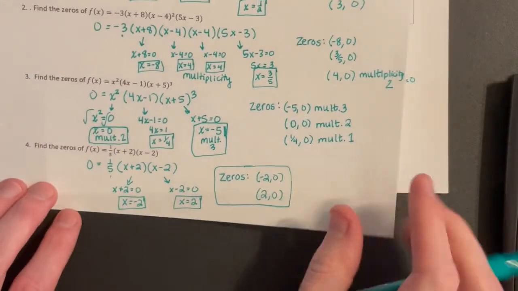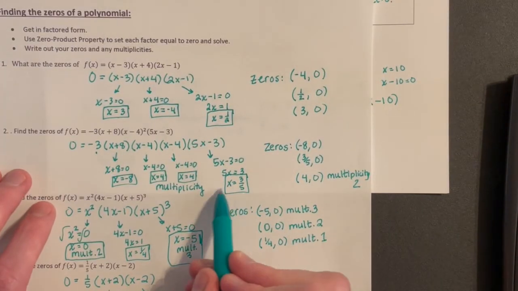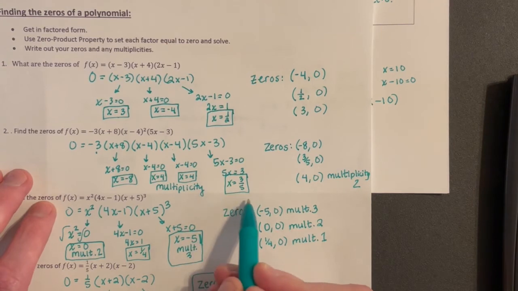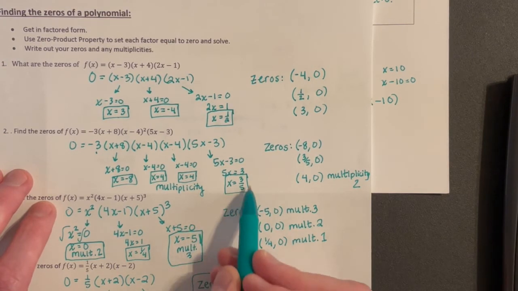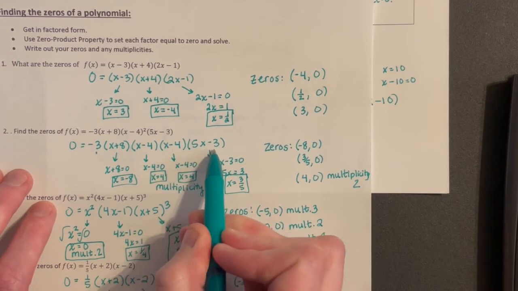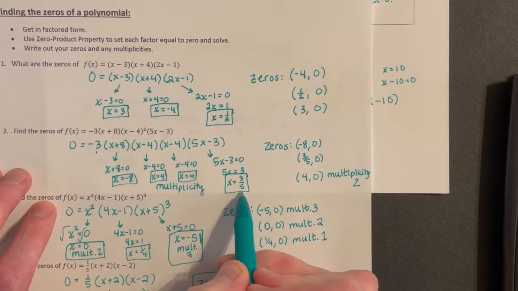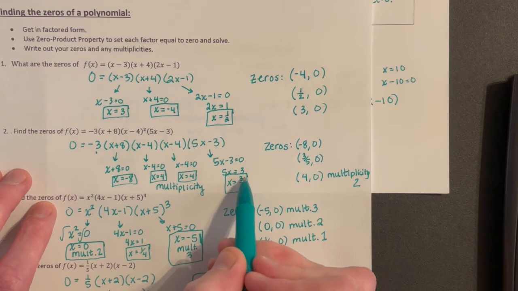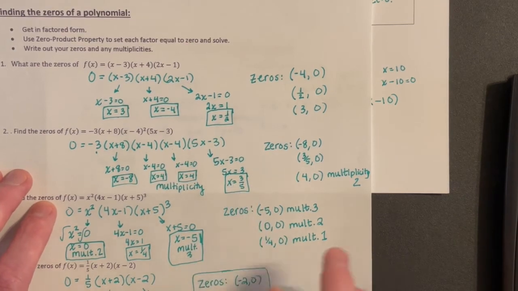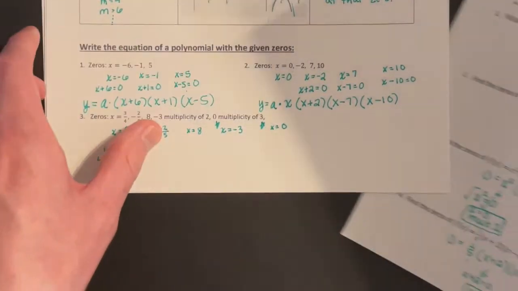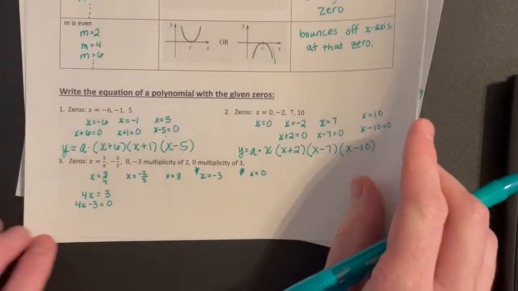If we think back to how we had fractions earlier, we got a fraction of 3/5 in that second example. It came from doing 5x minus 3 equals 0. We added the 3 and then divided by the 5. So since dividing by the 5 was the last step, we multiply in the first step when we're going backwards.